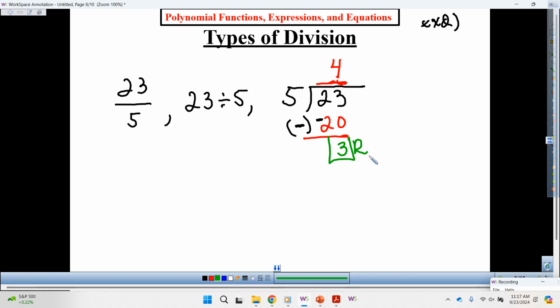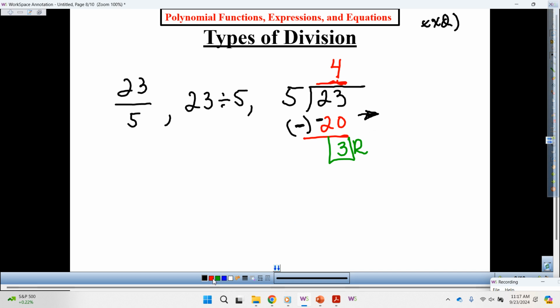Tell your neighbor what that means. What does r mean? Remainder, yes? All right. So how do we write the answer for this? Tell your neighbor how to write the answer for that division and see if they remember. How do you write the answer?